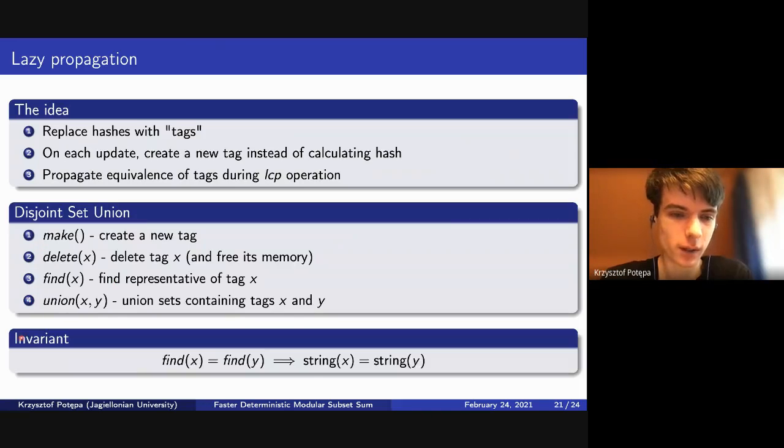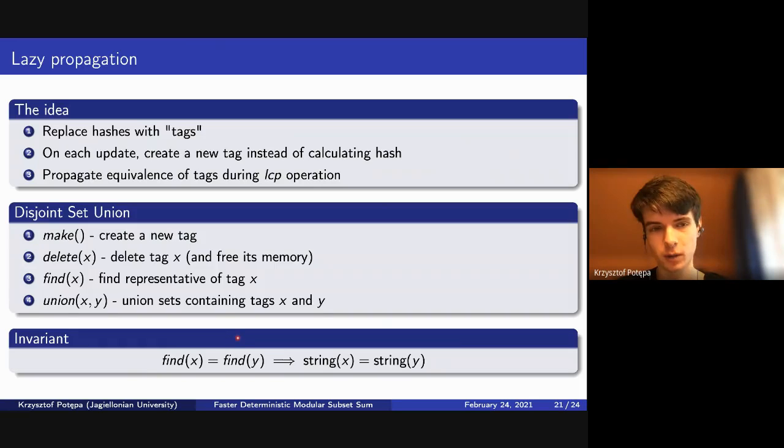The idea is that we maintain such an invariant. If we have two tags, x and y, then if x and y are in the same set in disjoint set union, then strings represented by these tags are equal. But this invariant doesn't hold in the opposite way.